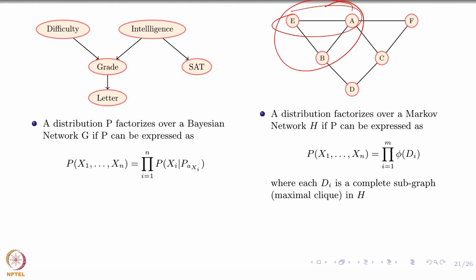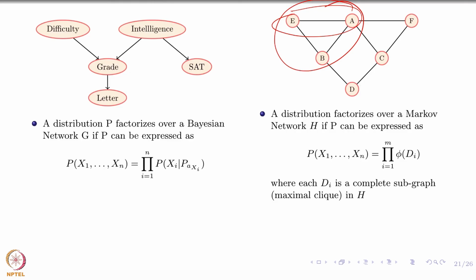Probably the smartest thing to do is to focus on the maximal cliques, but later on I'll also make assumptions where in addition to the maximal cliques, I might also be interested in some of these local factors also. Okay, all that is valid.